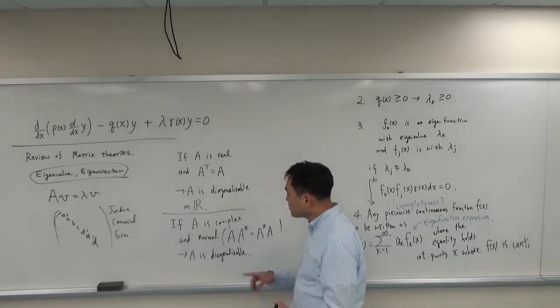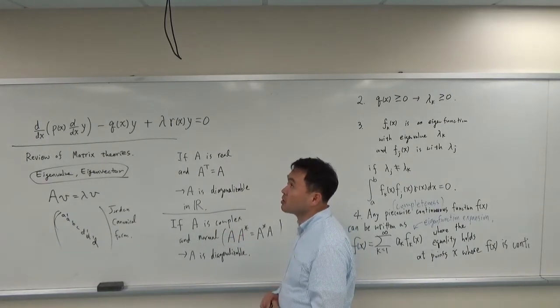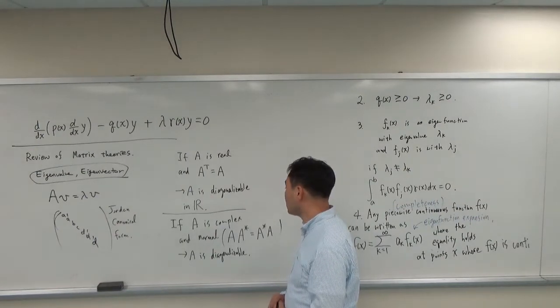Now, even in the complex setting, you can have conjugate symmetry. It's called Hermitian.